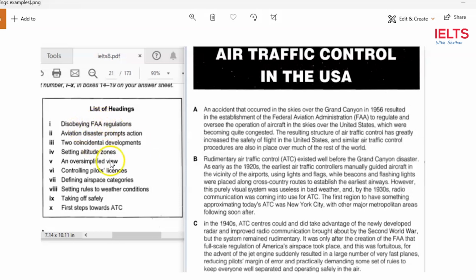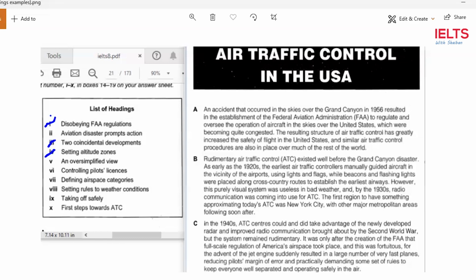So if I go to number 1, disobeying FAA regulations, nothing here about the regulations. Aviation disaster prompts action, of course this went to paragraph A. 2, coincidental developments, nothing about developments. Setting altitude zones, nothing about the zones.